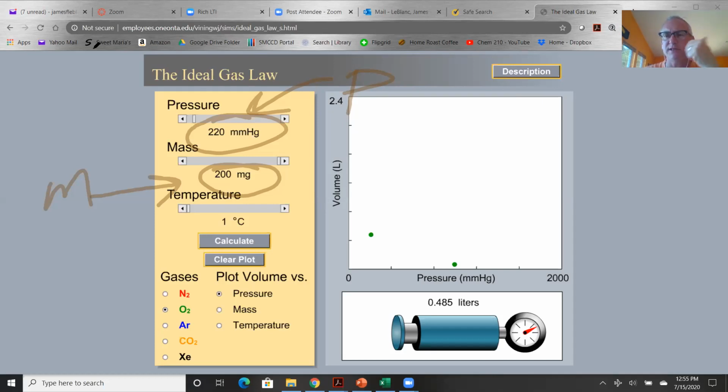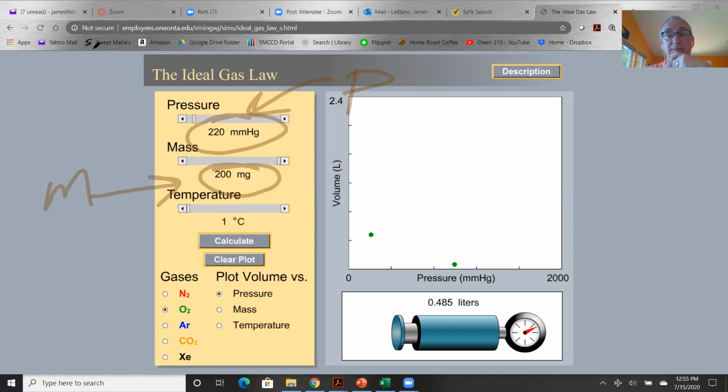Why can't I change all of them at the same time? Because we just want to calculate the temperature, so we have to fix the pressure and the mass.